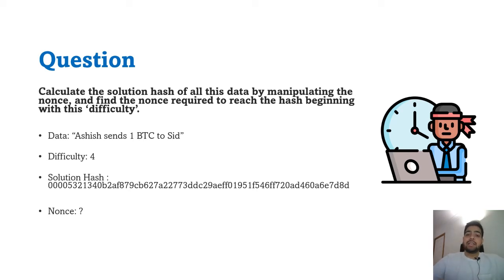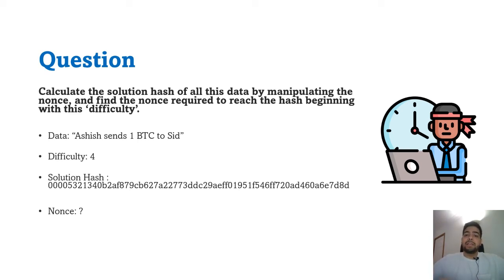Now, what is nonce? Nonce is just a random number, so the computer will start with 0. It will take it as nonce. It will add this 0 to all the data, then it will pass everything to the SHA-256 algorithm, and this algorithm will generate a hash. Now, you need to find a hash that has 4 zeros in the front.